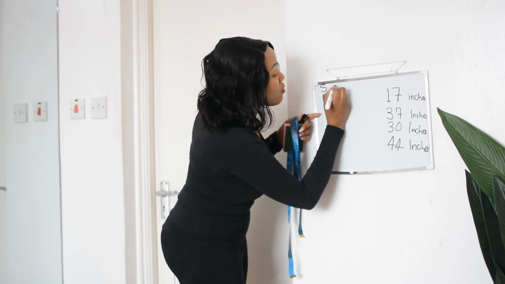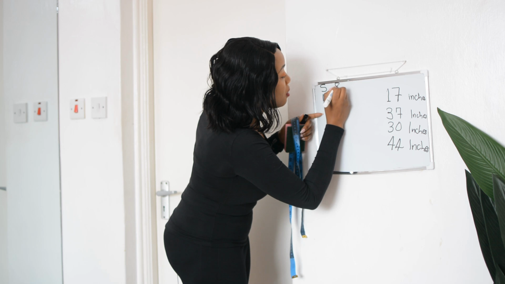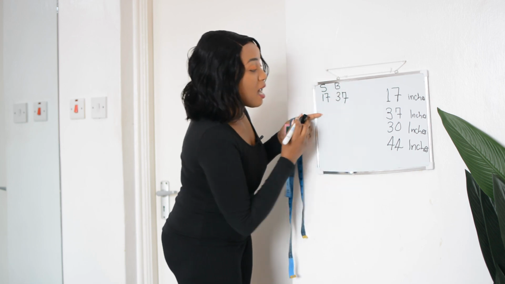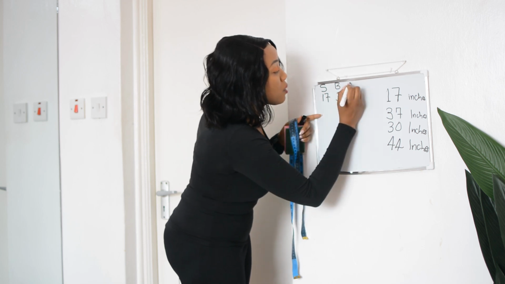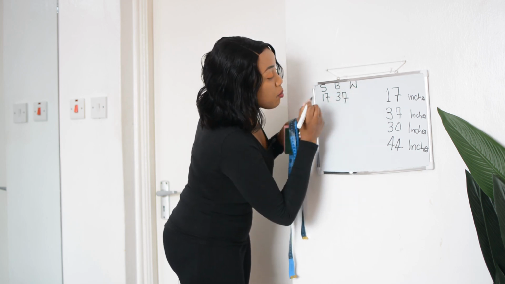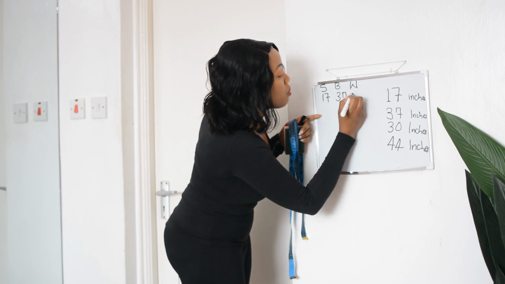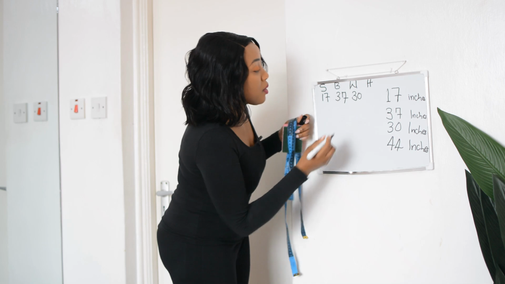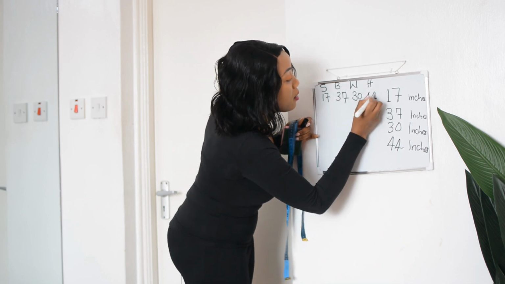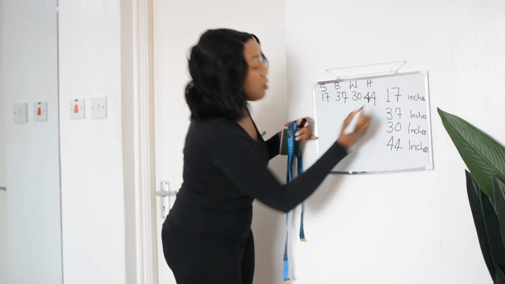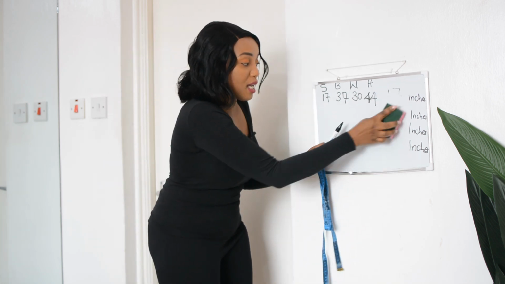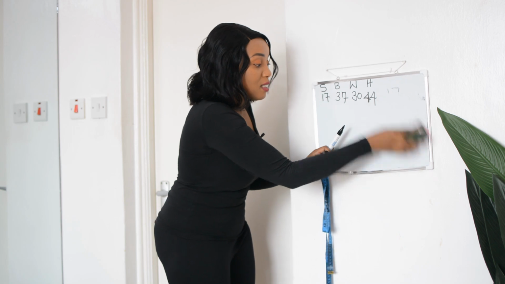We are going to have my bust area as 37. All of them are in inches. And we're going to have my waist, which will be represented by W, will be 30. And we will have my hips, which is 44. I hope that is clear. This is to allow us to go to the next step of this lesson class.